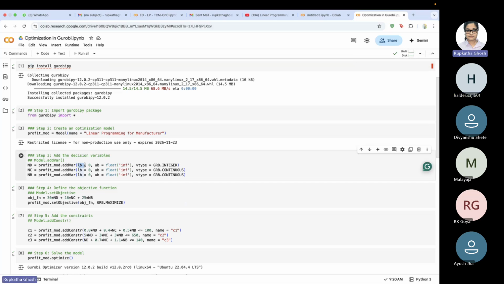Then you don't even need to specify, because the lower bound will anyway be 0 for integer. If your variable is binary, you don't need to specify anything, because it can only be 0 or 1. In fact, you don't even need to specify the upper bound. You can just ignore it. Even in this problem, you did not need to specify the upper bounds.